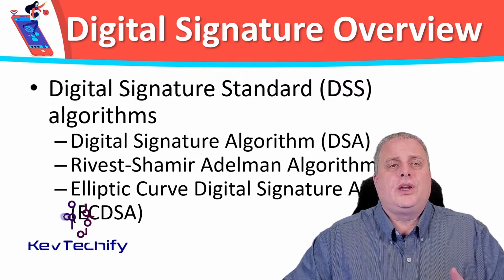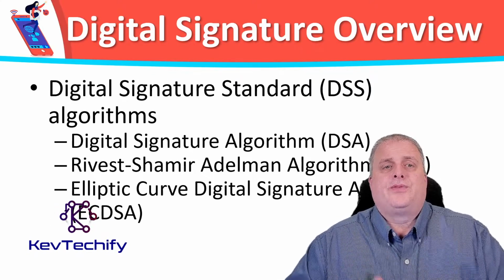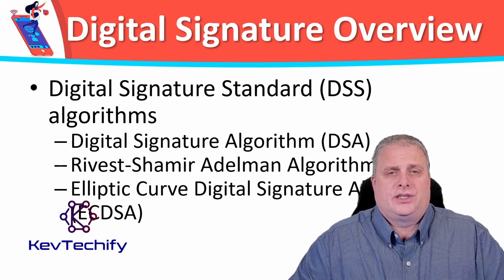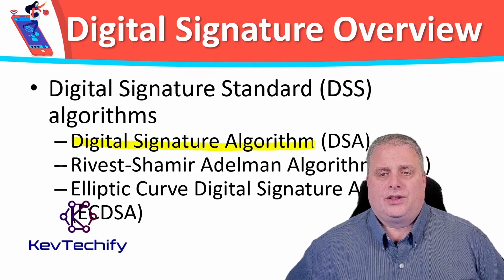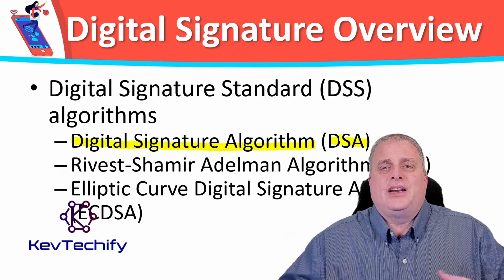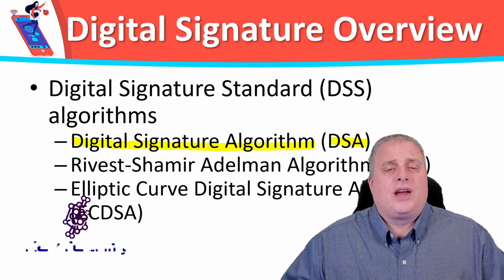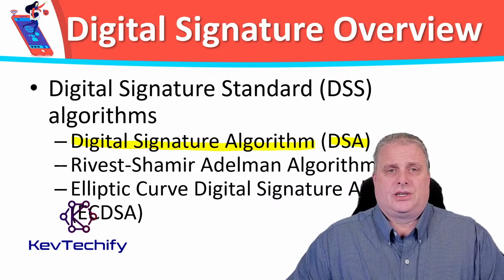There are 3 digital security standard algorithms that are used for generating and verifying digital signatures. The first one is digital signature algorithm, or DSA. Now, a DSA is the original standard for generating public and private key pairs and for generating and verifying digital signatures.